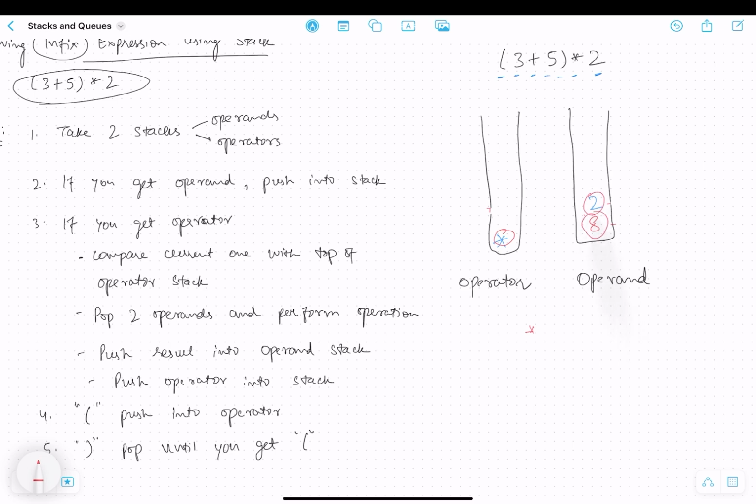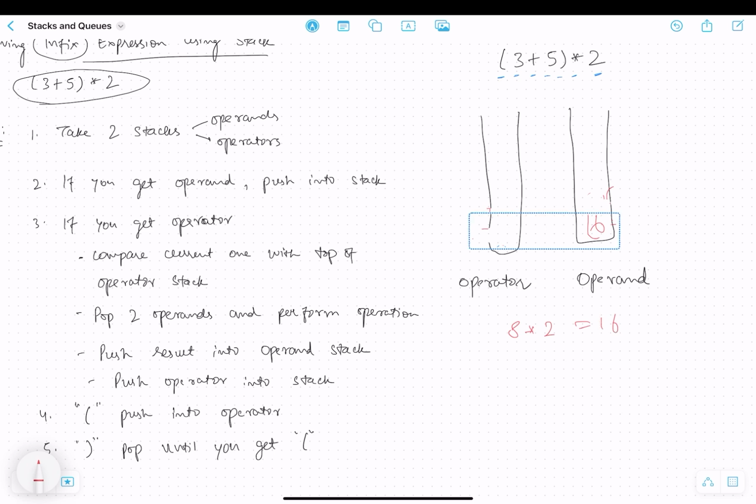So 2 and 8 will be popped. We can clean our stack. Result will be 16. It will be pushed into the stack.